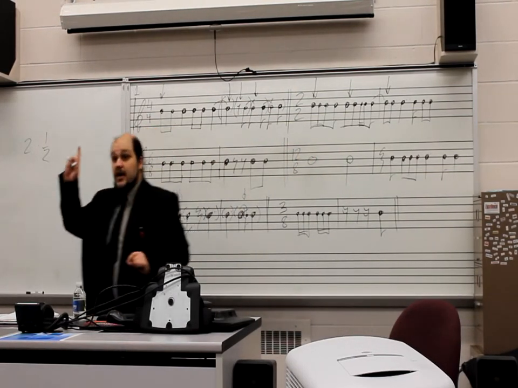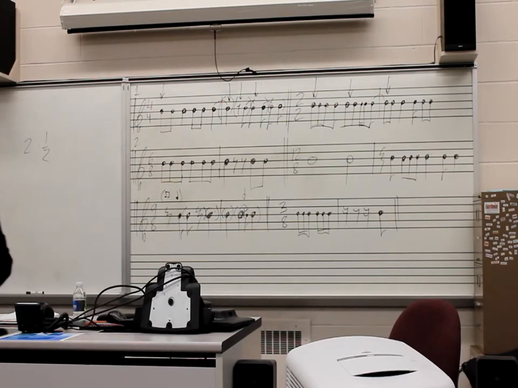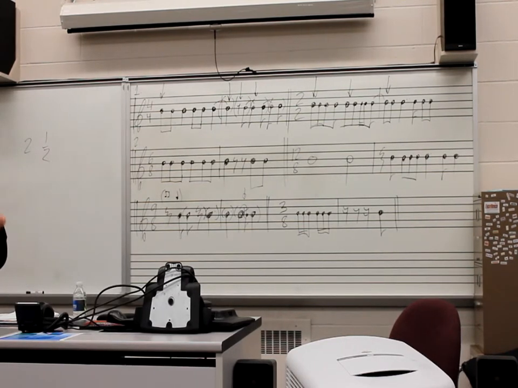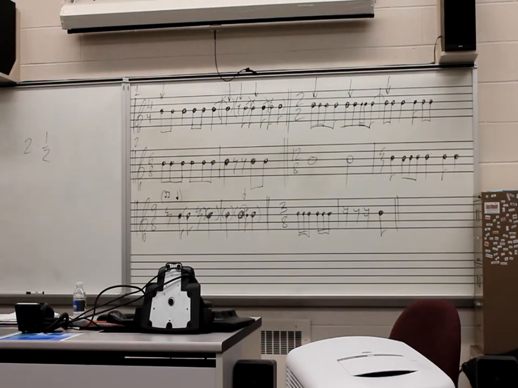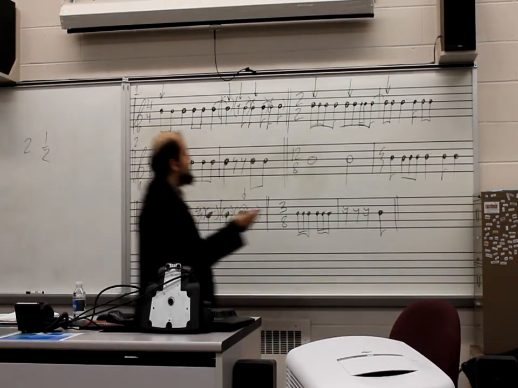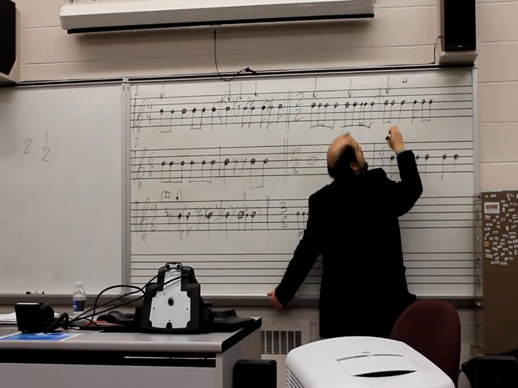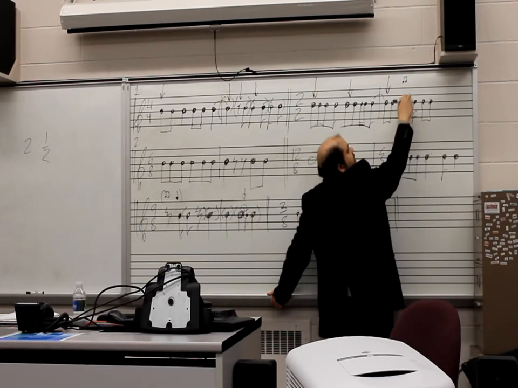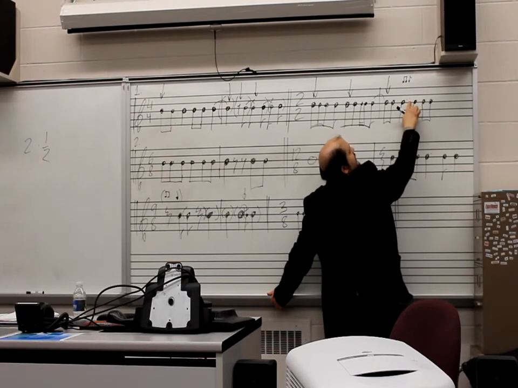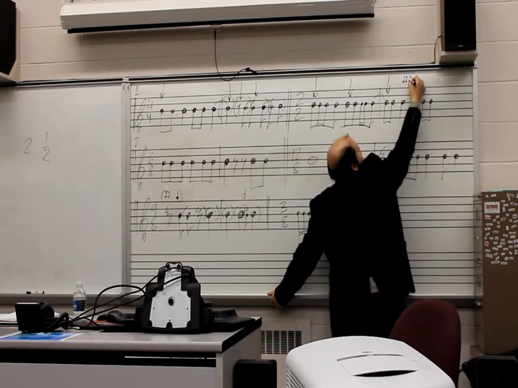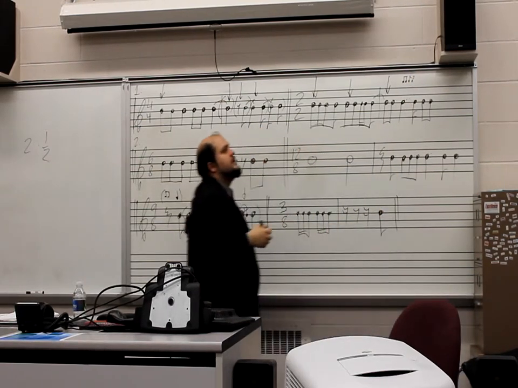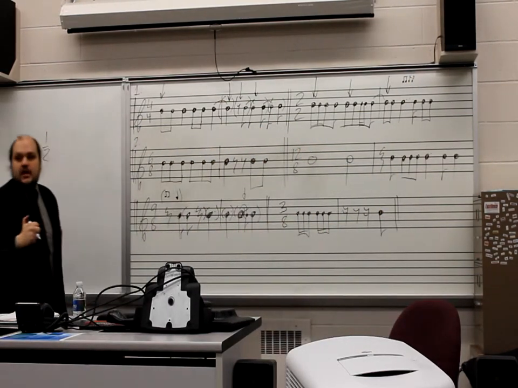You remember the dot adds half of the value back to it, so it's 3, and then the second dot adds half of that half value. So we have a quarter note, 2 eighth notes. We add with the first dot half back to it, an eighth note, and then half again back to it. So half of that half would be a 16th note.